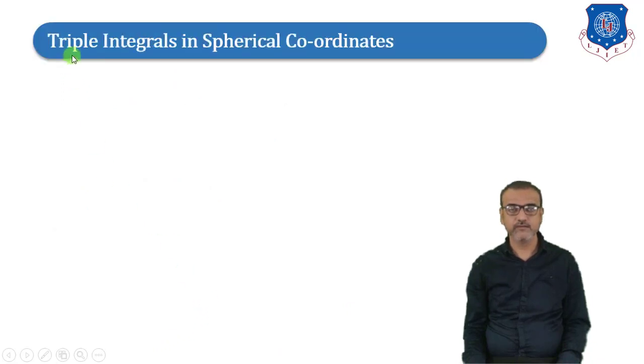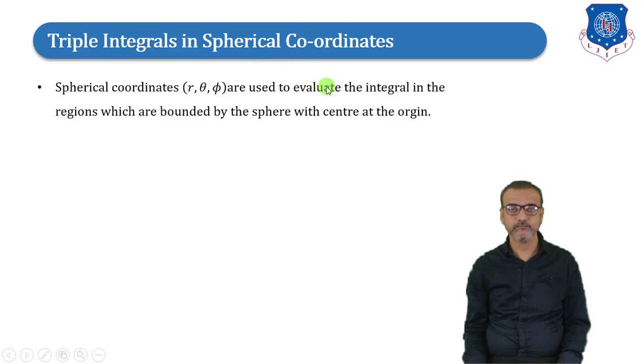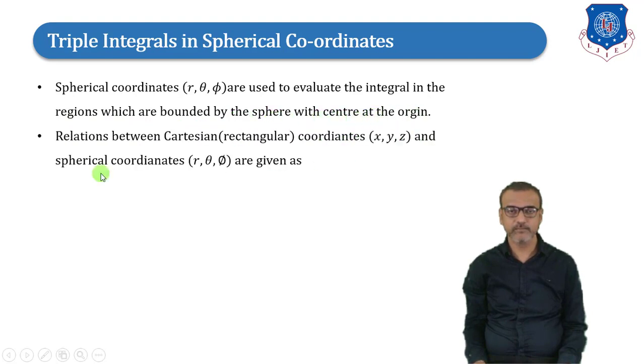So we will see what triple integrals in spherical coordinates are. Spherical coordinates r, theta, phi are used to evaluate the integral in the regions which are bounded by the sphere with the center at the origin.